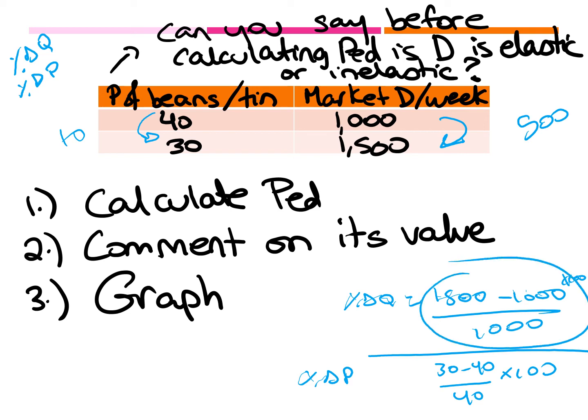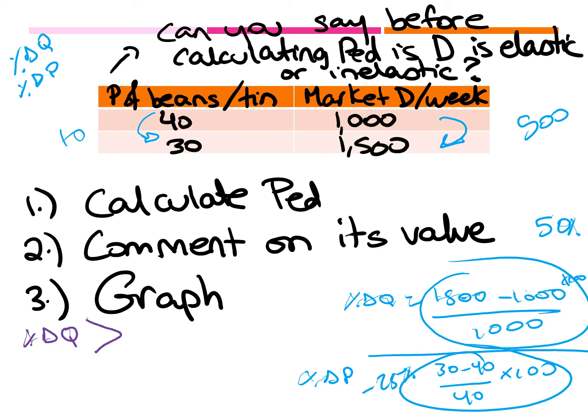So my answer here would be 50%, and here it would be negative 25%. So I say that my percentage change in quantity is greater than that of price. Because of that, my demand would be elastic.